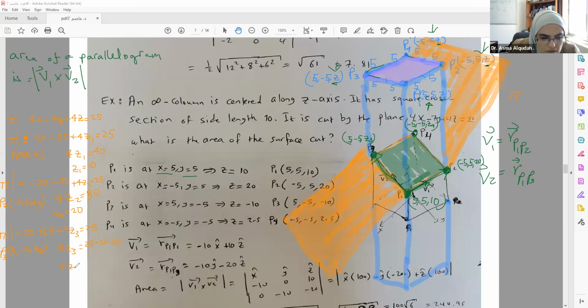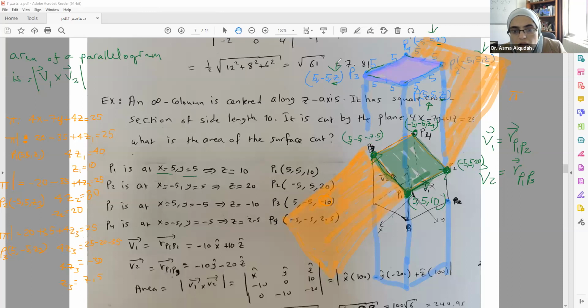So 4z3 is equal to minus 30, so z3 is equal to 7.5. This is not correct, you should change it. It's minus 7.5. So z3 is equal to minus 7.5.